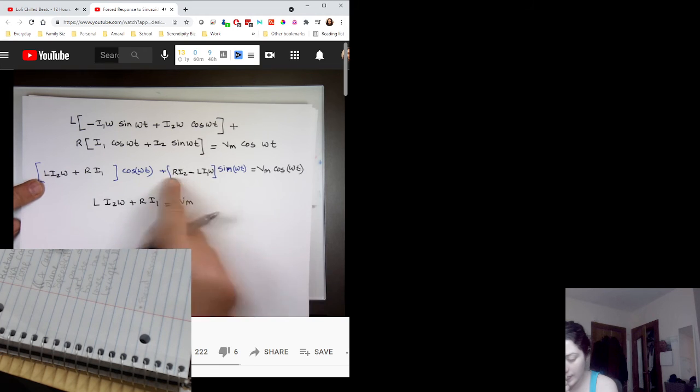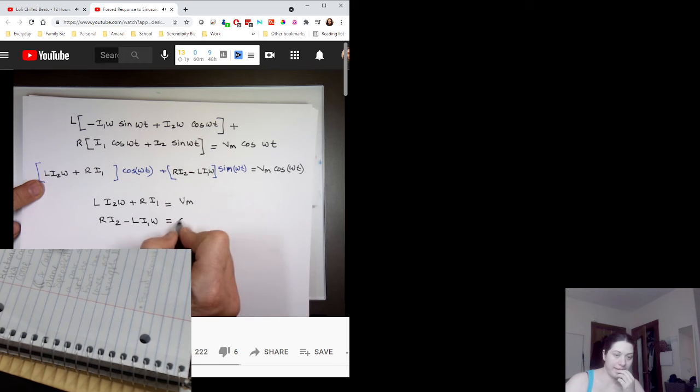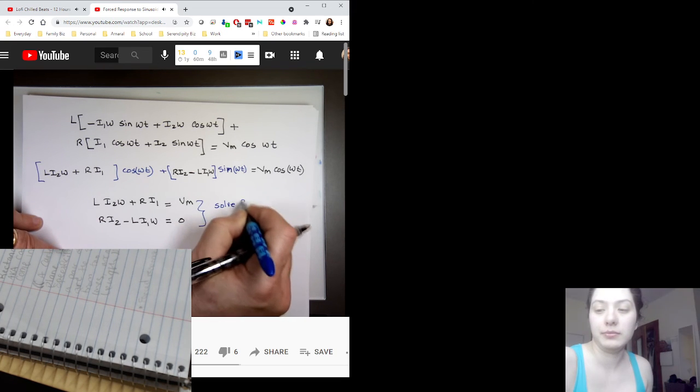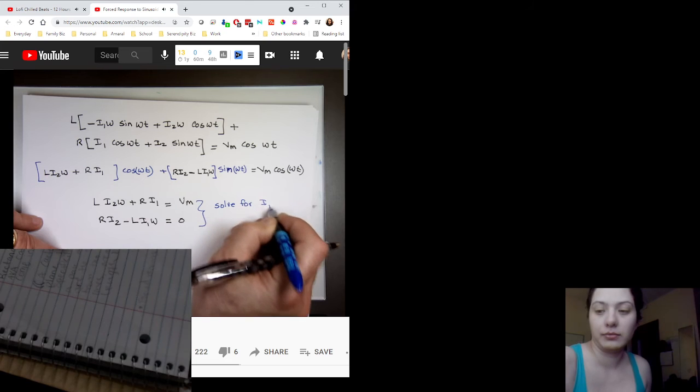And the coefficient of the sine on this side, R I sub 2 minus L I1 W, has to equal the coefficient of the sine on that side, which is 0. There is no sine there. We have two equations and two unknowns. We can solve for I1 and I2.